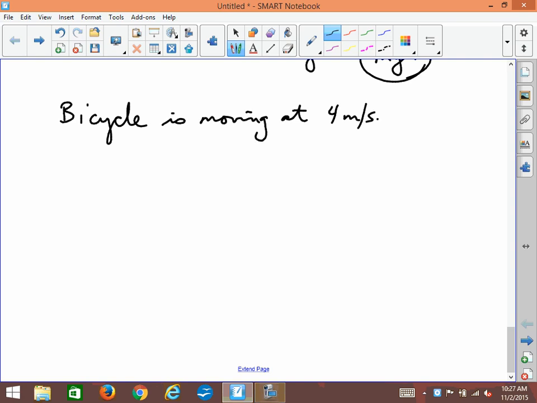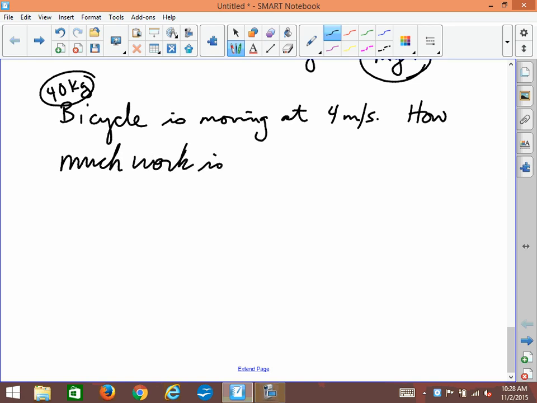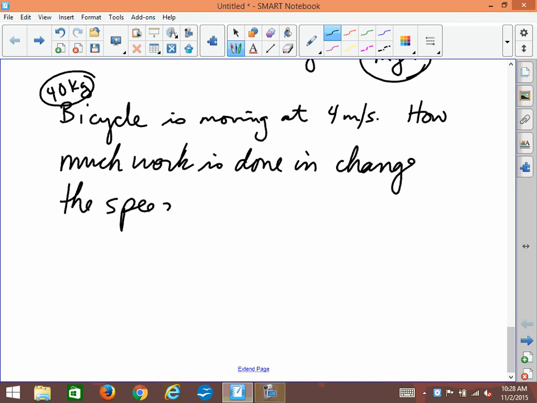And I guess I should give you a mass. Let's say it's a 40 kilogram kid on a bike or something, 40 kilograms. How much work is done in changing the speed to 7 meters per second, right?